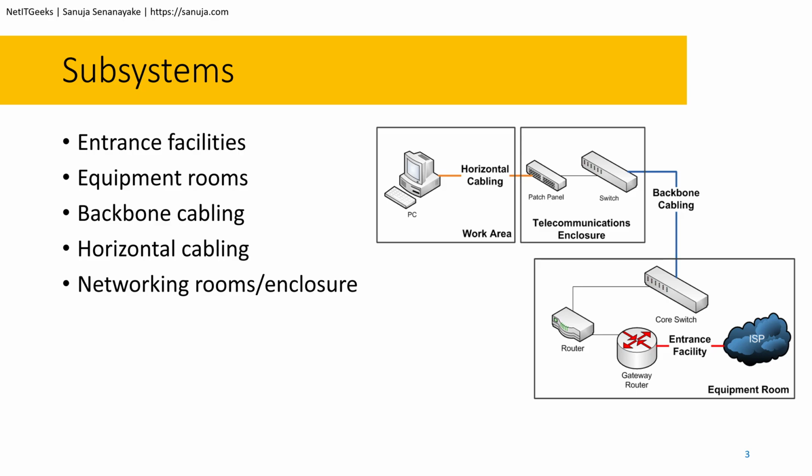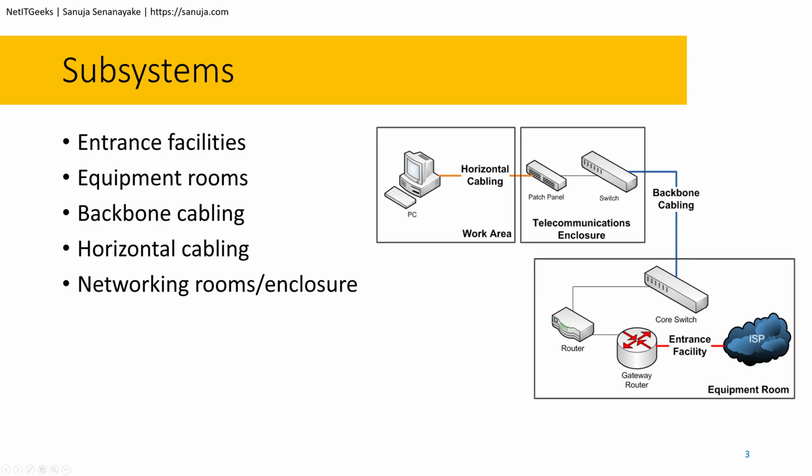The next one is the horizontal cabling, which is basically wiring that is standard inside, like inside wiring. It includes the cabling that connects telecommunication rooms or networking rooms to individual outlets or work areas on the floor, usually through wireways or conduits or ceiling spaces, wherever the cabling is going in.